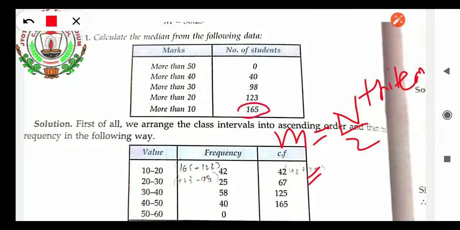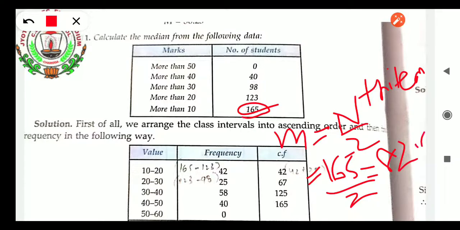The total frequency at the last, that is 165. 165 divided by 2, we will get 82.5. 82.5 lies in the CF of 123. So the median class is 30 to 40 and f is 58, whereas c is the preceding CF, that is 67.